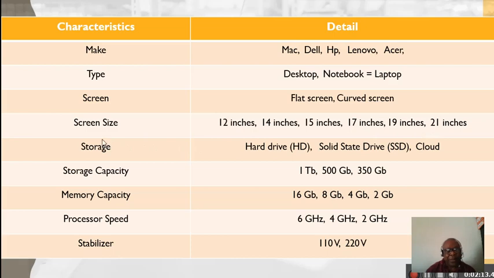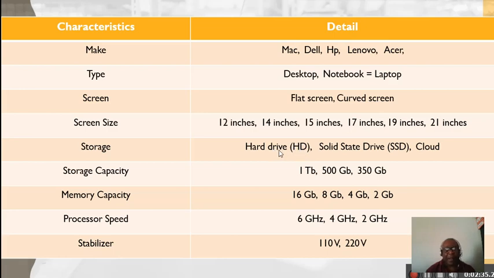We can also describe the computer we want to buy or the one we have already got by the type of storage it has. We have a type of storage we call hard drive or HD. H comes from hard, D comes from drive.